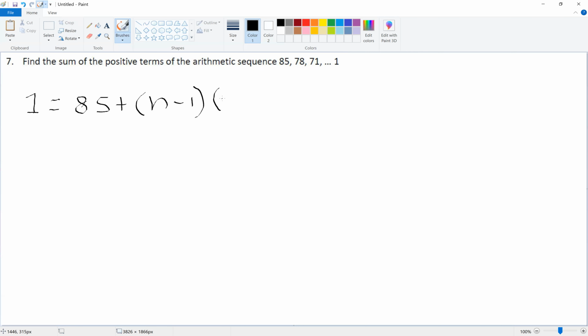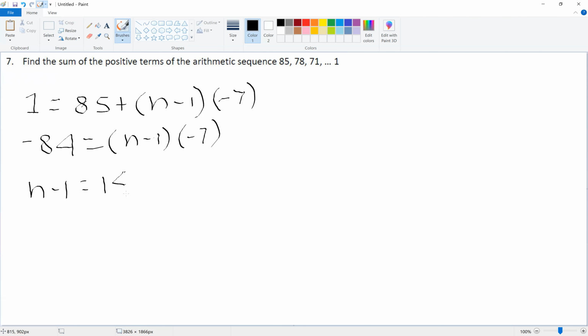Oh, sorry, negative 3. It's not negative 3, right? Oh, shoot, I did that math wrong. Isn't it negative 7? That's negative 7. Oh no, I looked at my work wrong. I thought that looked like a 3. And that's 84 equals n minus 1 times negative 7.